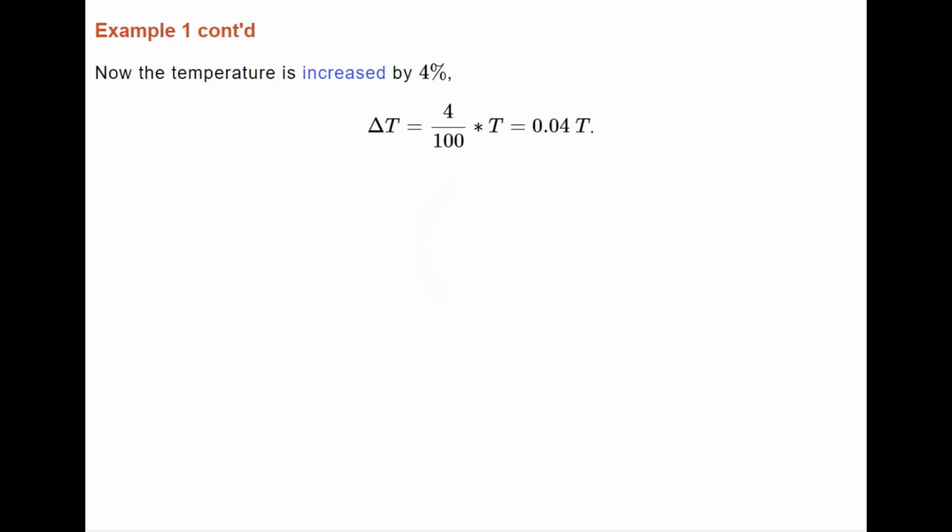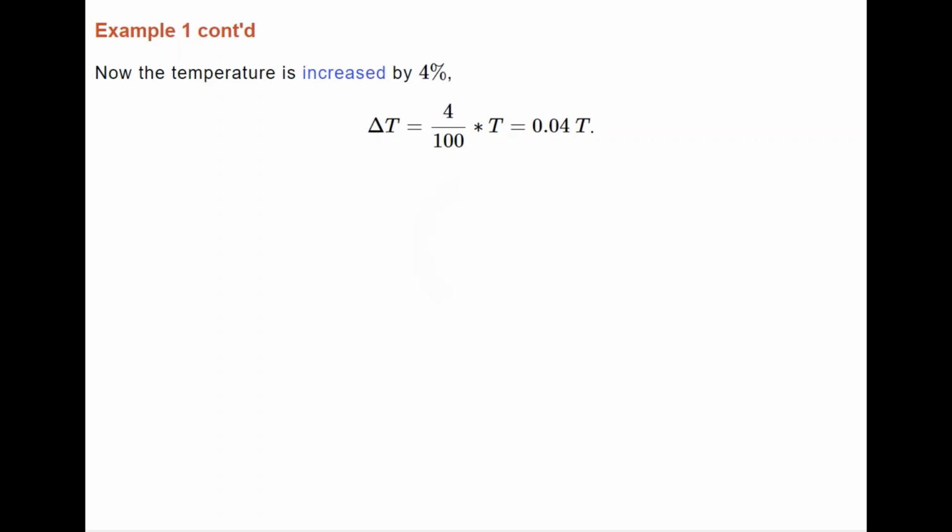And now we express the increase in temperature, which is 4%, which means that delta T, the representation for the change in temperature, would be 4/100 times T, which is 4% of the temperature.